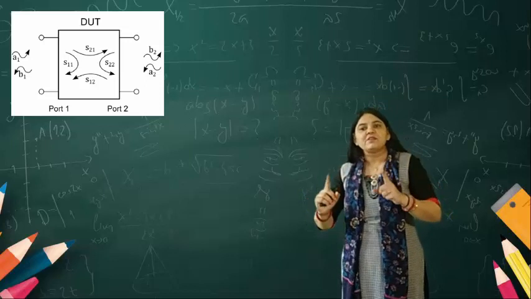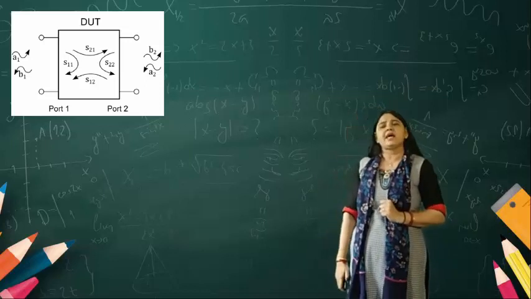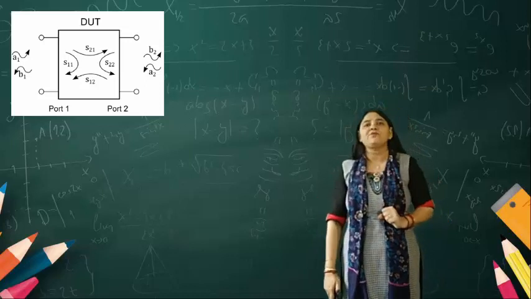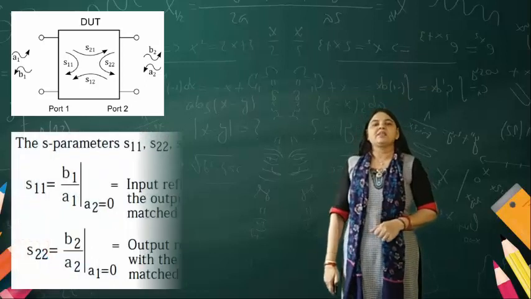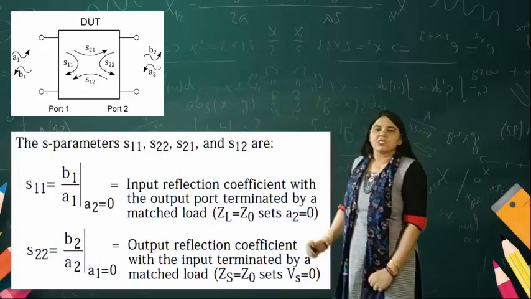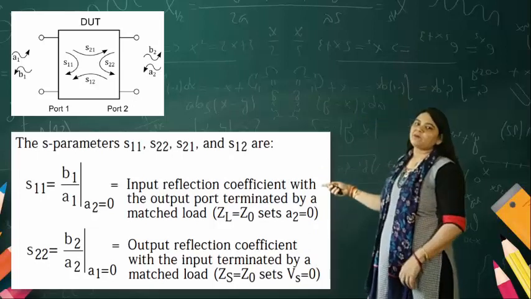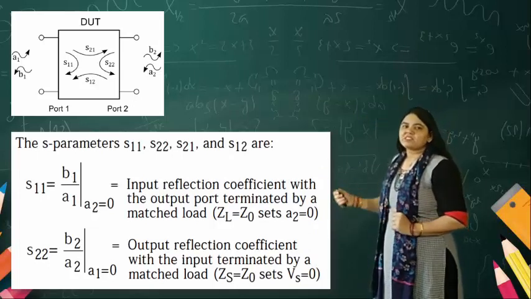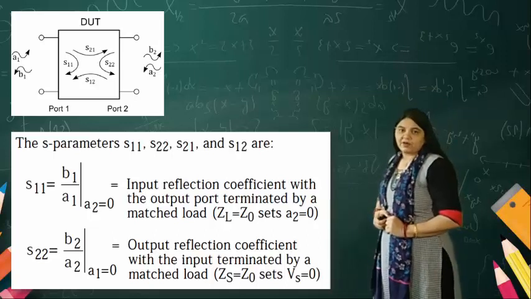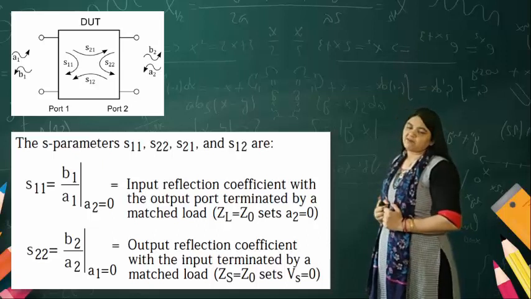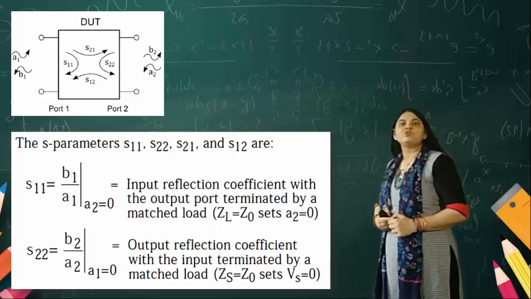The reflected wave divided by the incident wave, the ratio of the reflected wave to the incident wave, is nothing but the S parameter. Now one by one in the equation I can find out S11. S11 is B1 upon A1, from the relationship B1 equal to S11A1 plus S12A2.